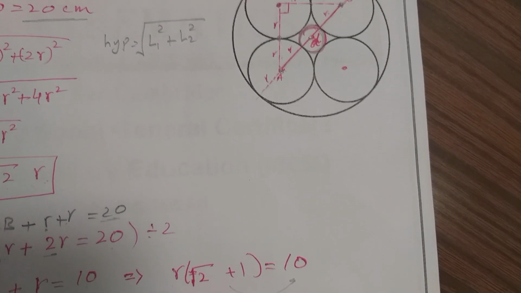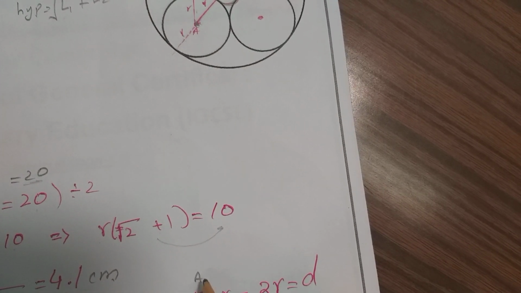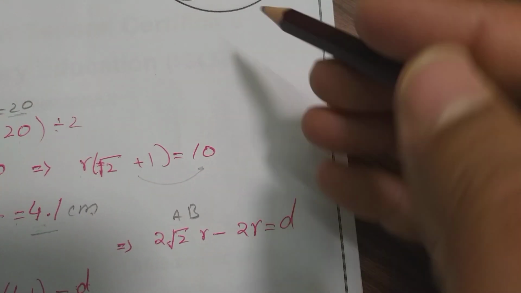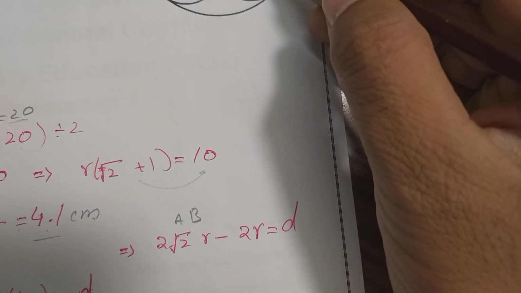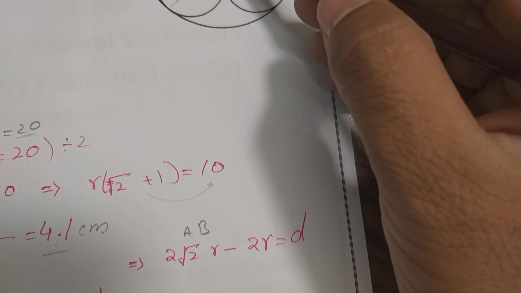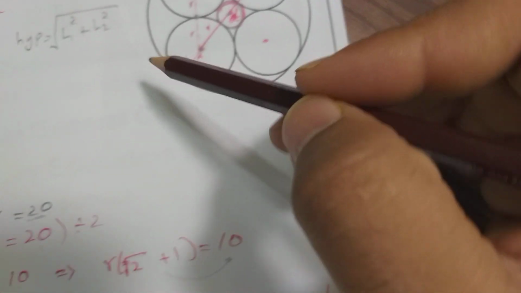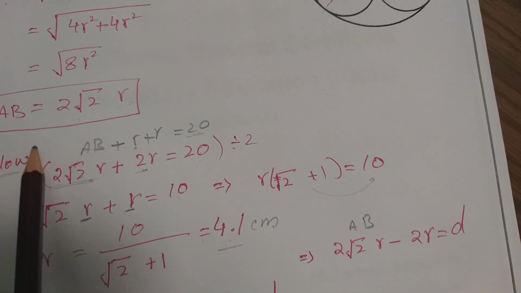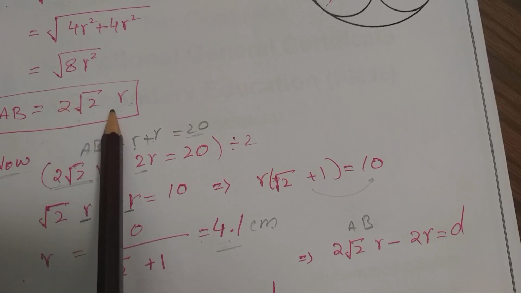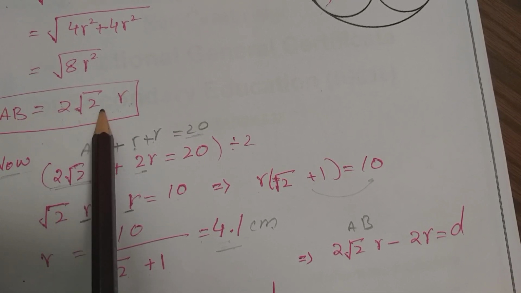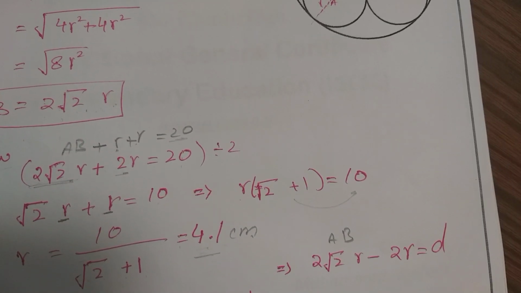We are given this complete length AB, which we found equals 2 square root 2 r.